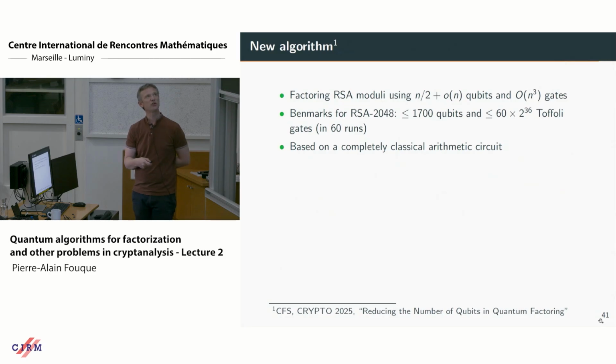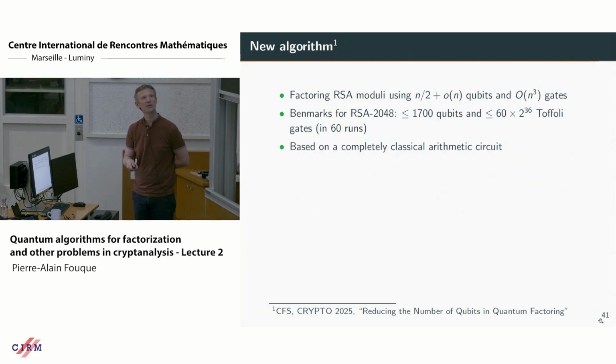We will show that it's possible to factorize using only n over 2 qubits plus something, and the number of gates will be that one. But it's like Shor's algorithm if you use a schoolbook algorithm. In our case, we'll show that we are able to use such many. The little o here is a little o, but it's not as little as we hoped.